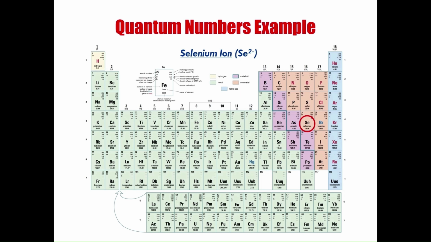That means that you have to write out 34 separate lines for each electron, each line with the 4 quantum numbers for each electron. But in fact, because I've picked the ion here, we're not actually doing 34 electrons. We're doing 36. What we're actually doing is writing out the quantum numbers that are equivalent to krypton.